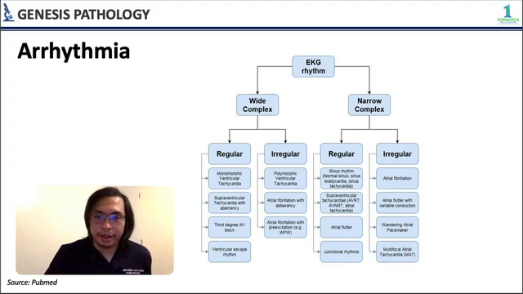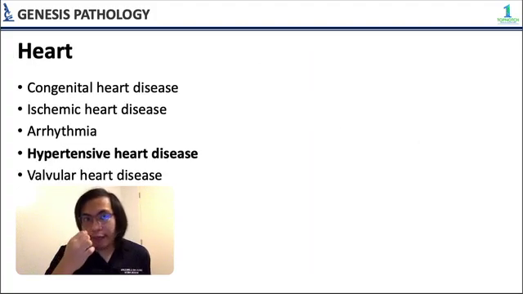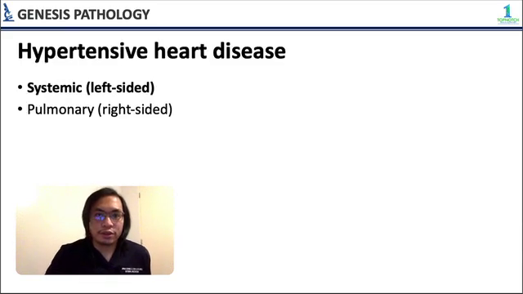So anyway, arrhythmias is not really a pathology topic, so I really would not spend a lot of time here. Anyway, let's go with hypertensive heart disease. Ito na, nag-gym ang puso, no? So, hypertensive heart disease, it can be systemic, left-sided, or pulmonary, which is right-sided.